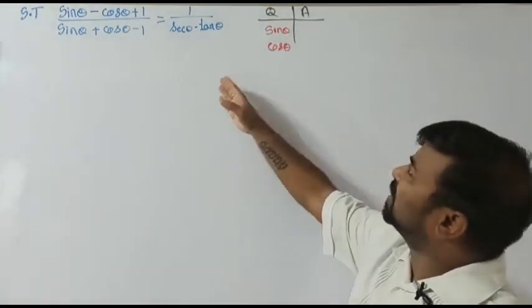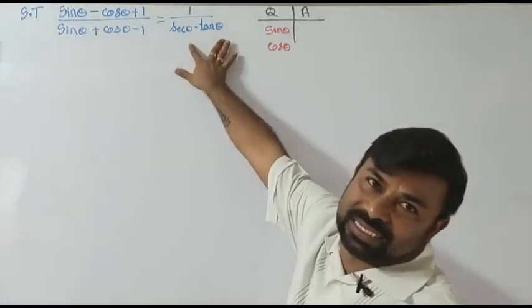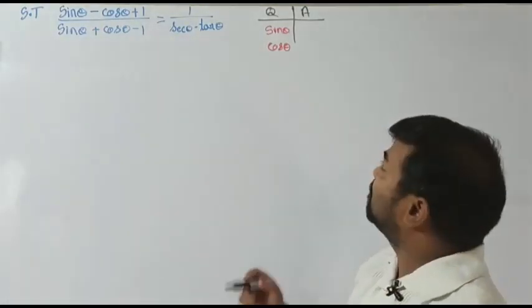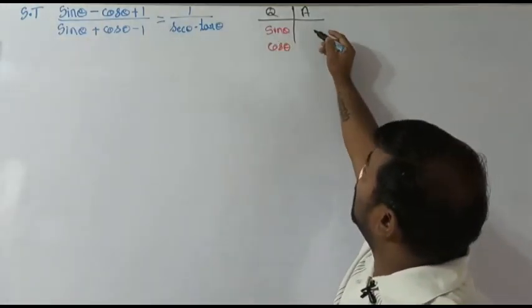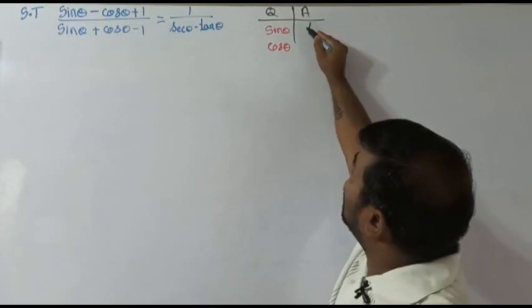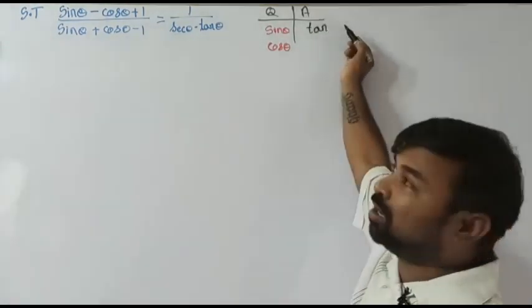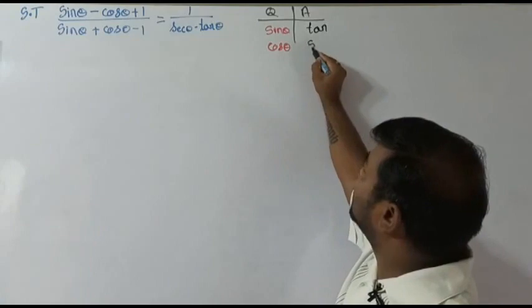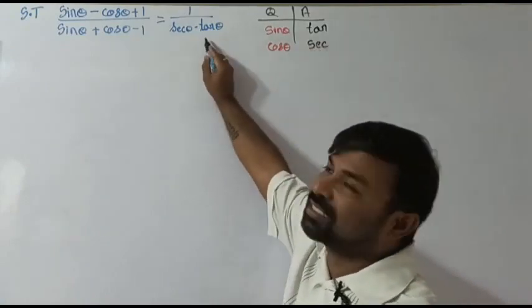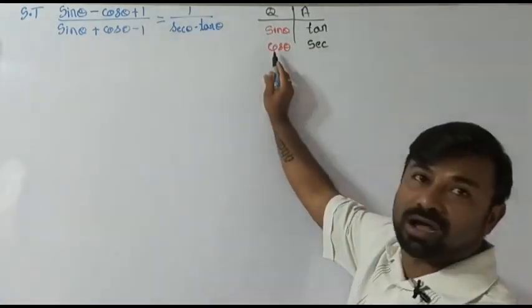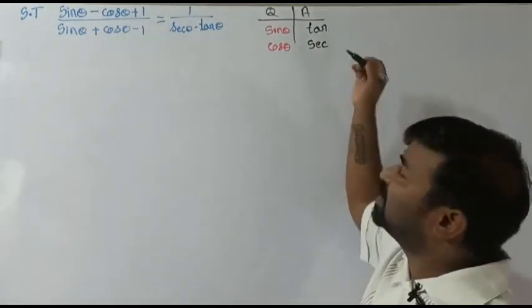Now what is present in the answer? In the answer we have tan and secant. In the question we have sine and cos; in the answer we have tan and secant.